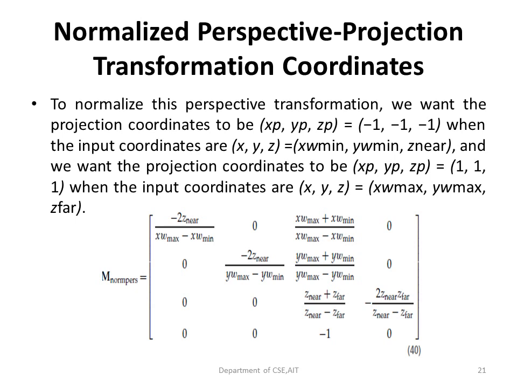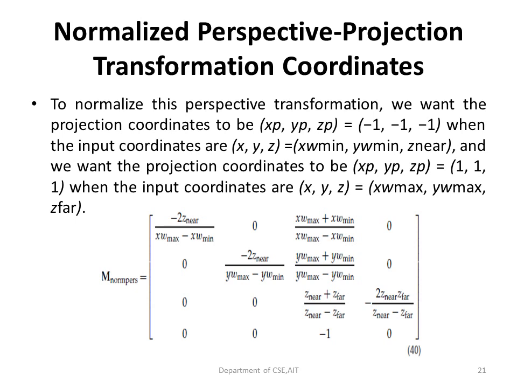To normalize this perspective transformation, we want the projection coordinates to be -1, -1, -1. That is xp equals -1, yp equals -1 and zp equals -1. So you can see that now we are moving the reference point as xp, yp and zp.